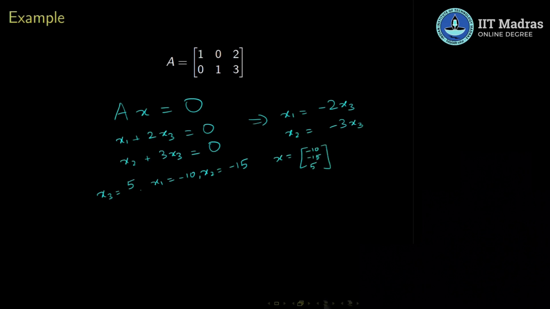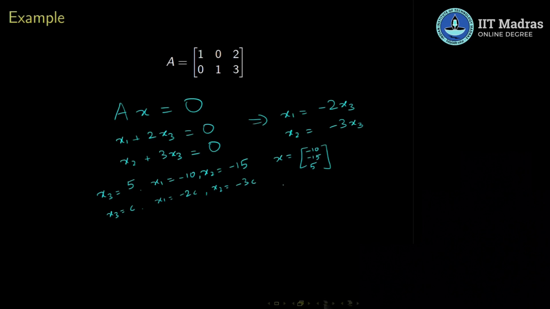So 5 was an arbitrary choice for x3. I could have used some other number. For example, if I use x3 is c, then I get x1 is minus 2c and x2 is minus 3c.